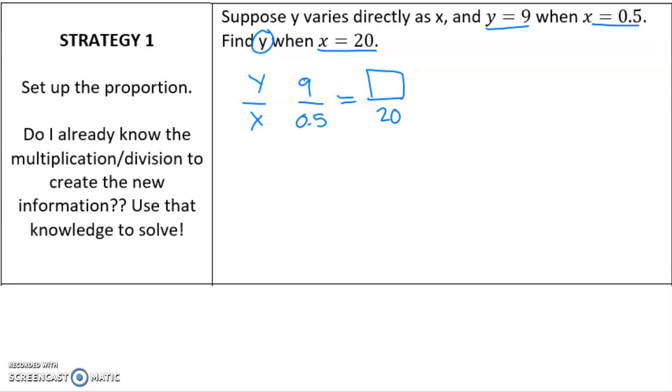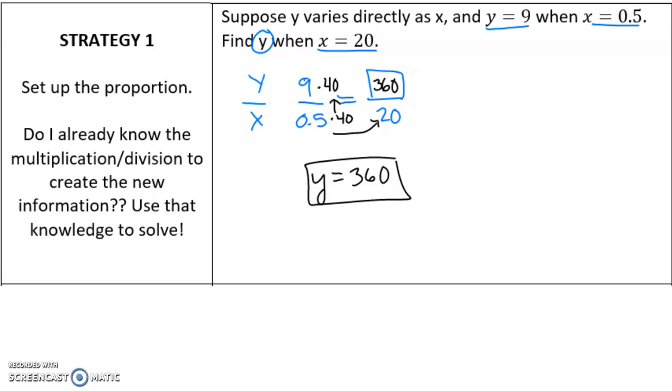The first thing I want to know is, do I know how to get from 0.5 to 20 with multiplication? I know if I do times 40, that gets me to 20. So if I do that up here, because we want to keep everything equivalent, 9 times 40 is going to be 360. So y equals 360 when x is 20.